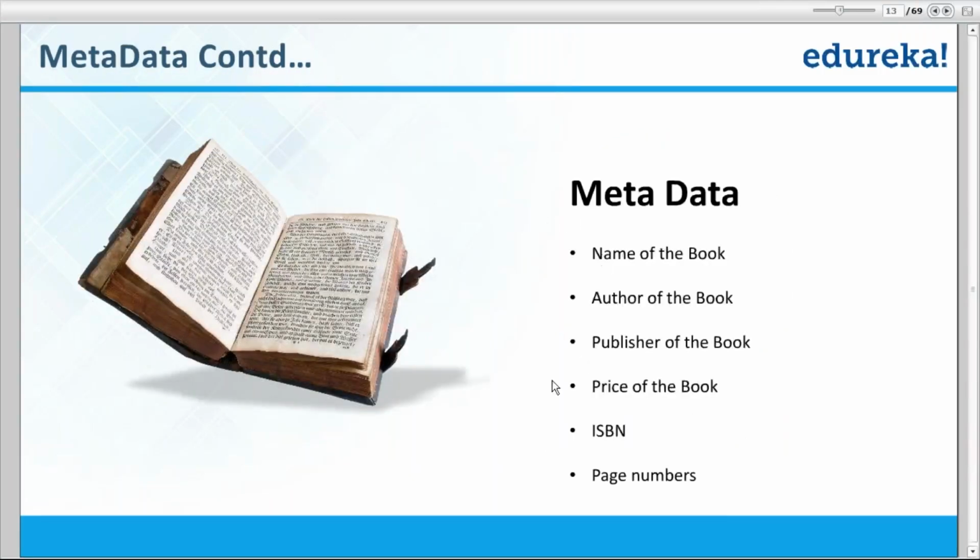For example, if we take a book, the name of the book, the author of the book, the publisher, the ISBN, the page numbers, these are like metadata. Metadata is nothing but what gives more details about a particular thing.